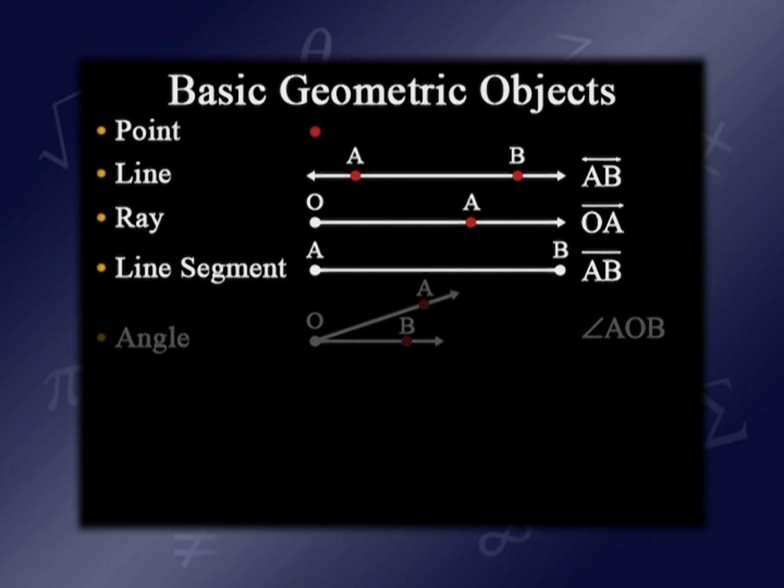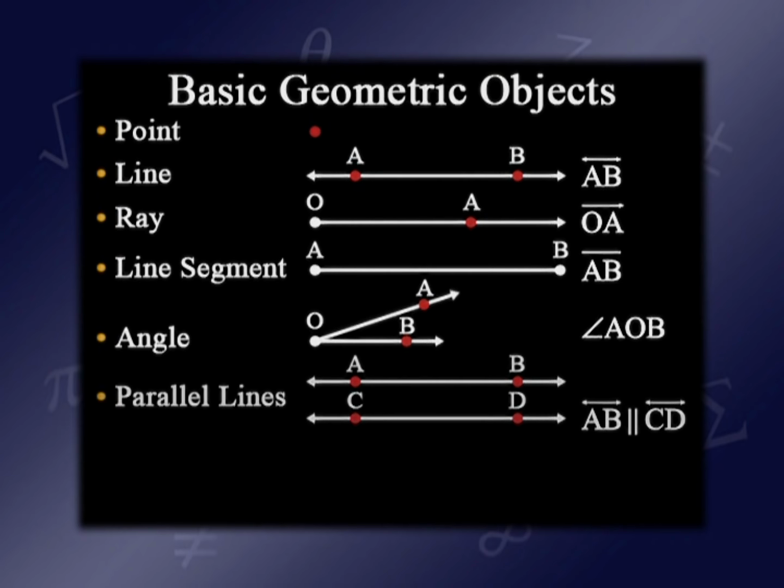We can draw angles, such as the one shown here. Angle AOB starts with the line segment that goes from A to O and from O to B, and we have an angle there in between. We show two parallel lines. Here's the line AB parallel to the line CD.